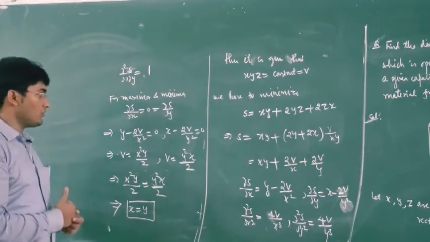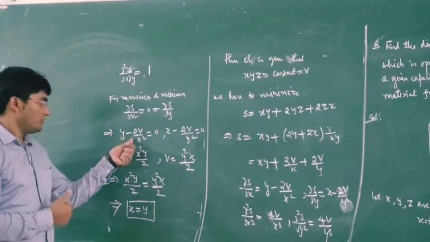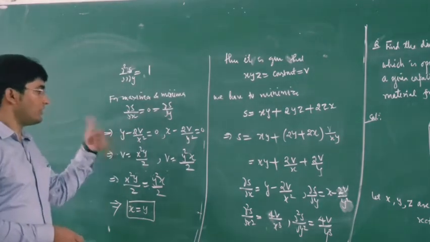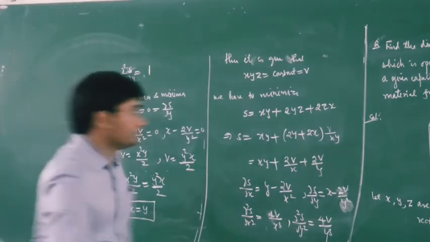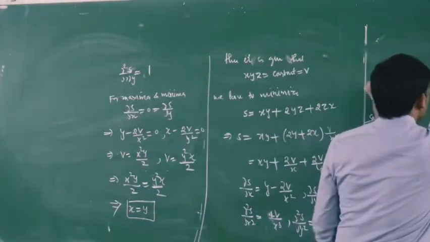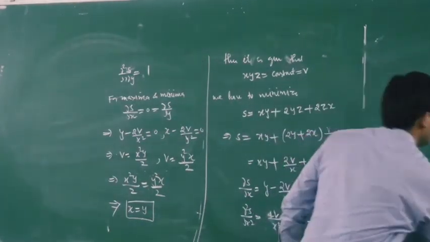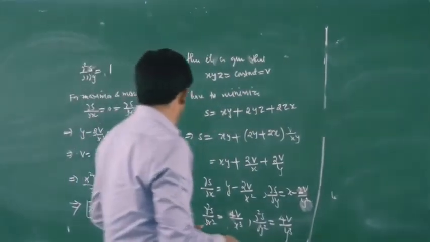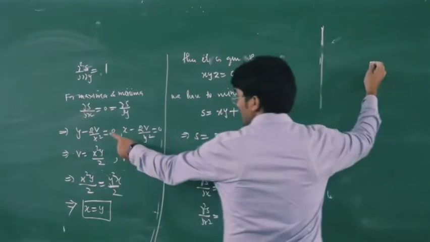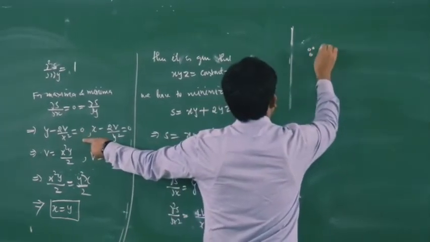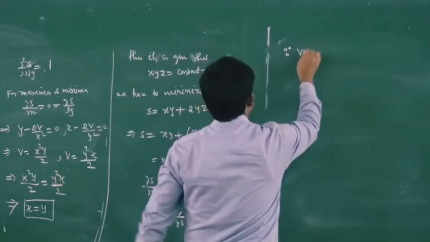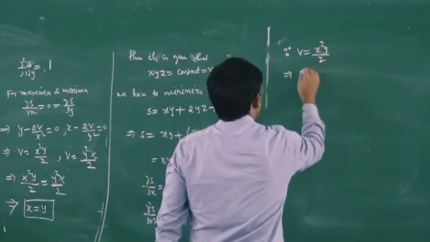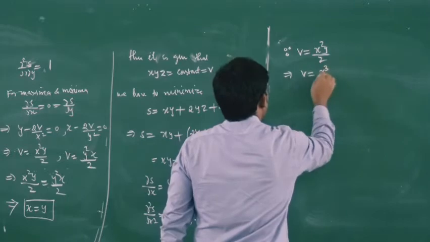Now if x equal to y, then from here we can have the value of x or y. As b equals x square y upon 2, put the value of y as x, so we will have x cube upon 2.